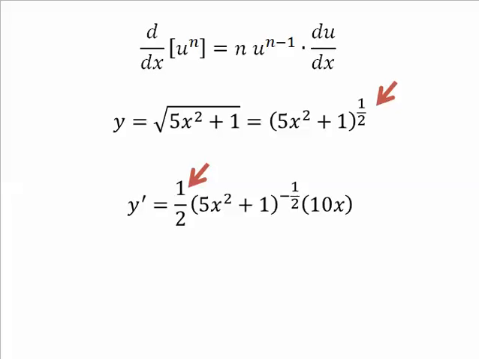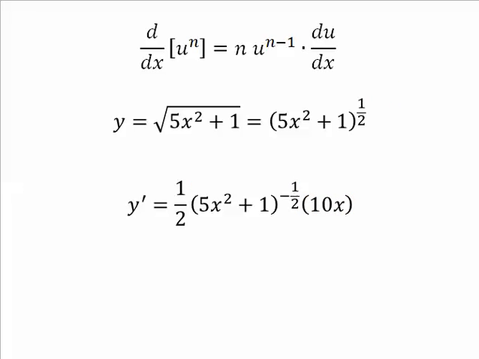I bring down the 1/2, and then my inside piece is now to a new power of 1/2 minus 1. Then I need to find the derivative of what's inside.